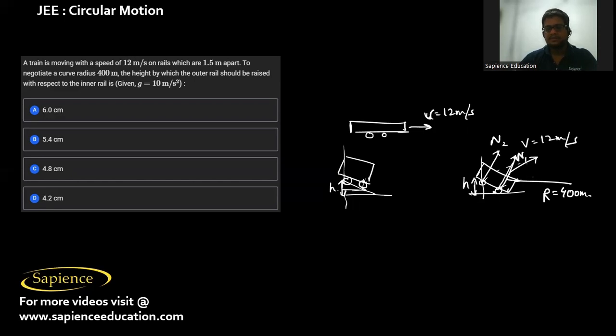So then we can say that it should not topple. So mg is acting downwards.